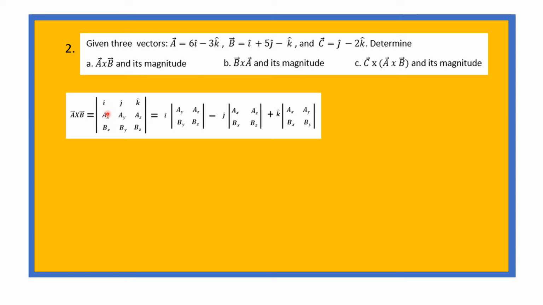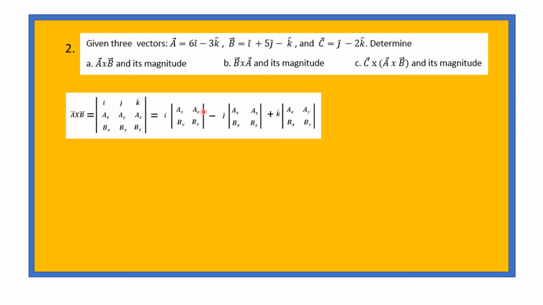What remained, if you look at this bar here, are AY and BY, and AZ and BZ. So we begin with plus i hat, then minus j hat, then plus k hat. That's the pattern when using this method in determinant form: plus, minus, and then plus.